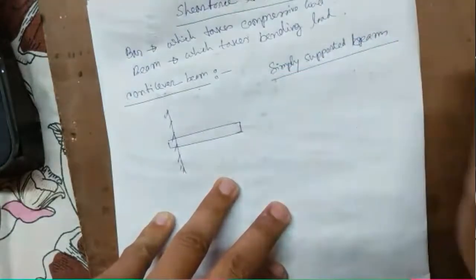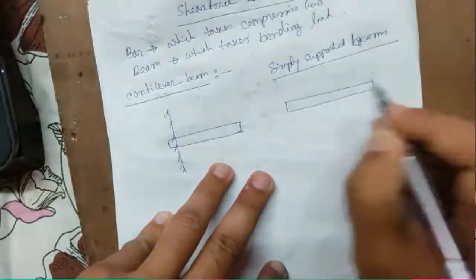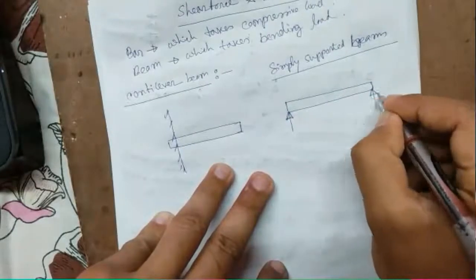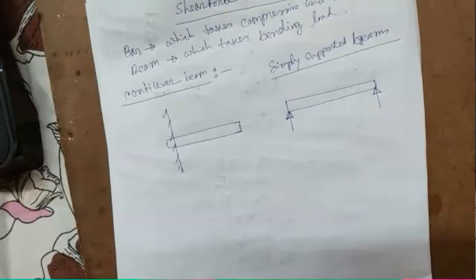In that case, these beams will have support at two ends. They are simply placed over two ends or two supports. So these are called simply supported beam.